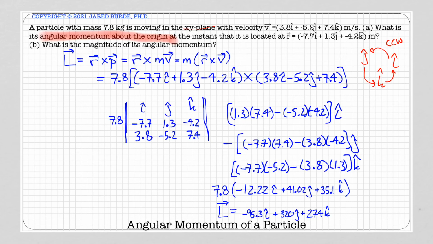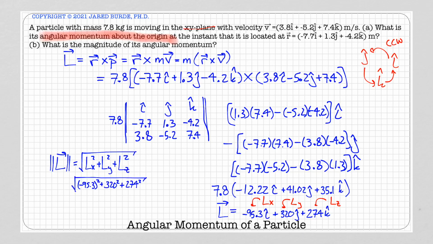You could think of this as the x component of the angular momentum, the y component of the angular momentum, and the z component, depending on what axis you are rotating about. If we wanted to find the magnitude of the angular momentum, in this case where you have 3 components, we're basically using Pythagorean theorem, but we're looking at it in 3 dimensions.